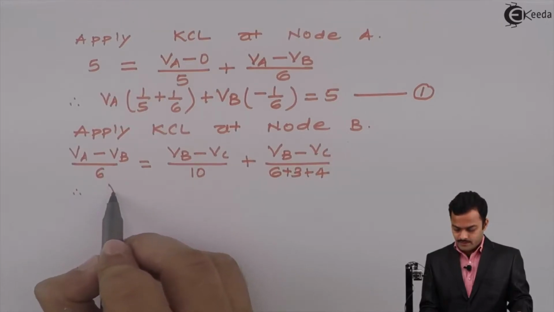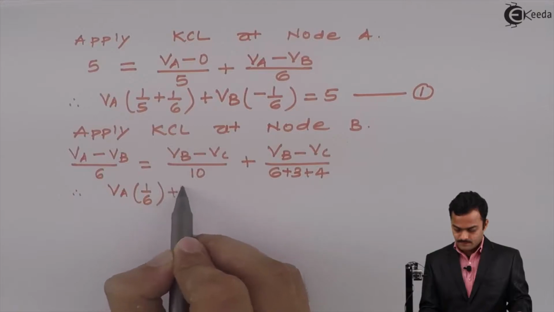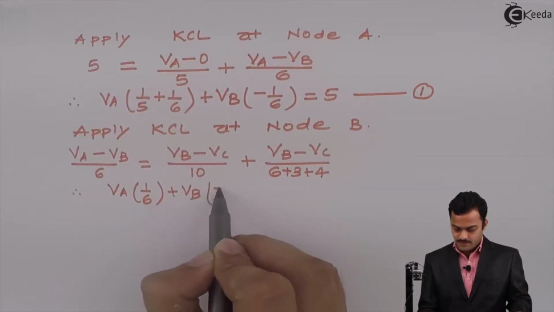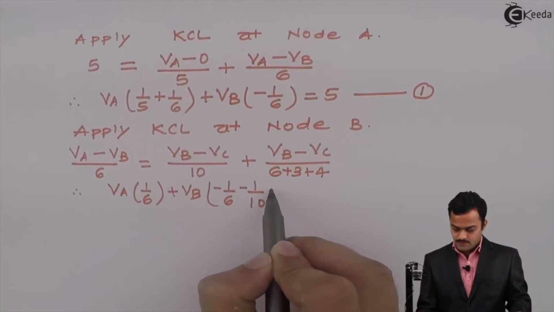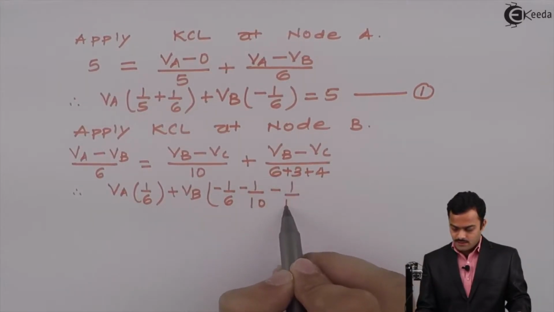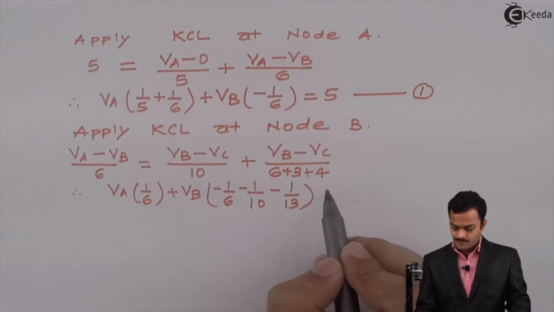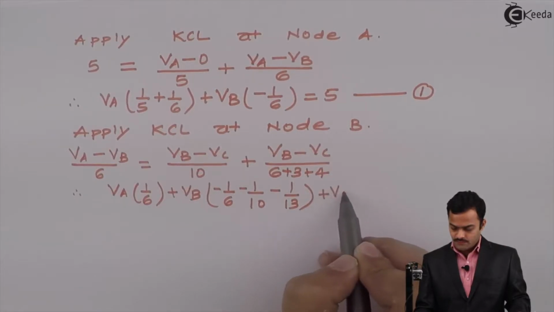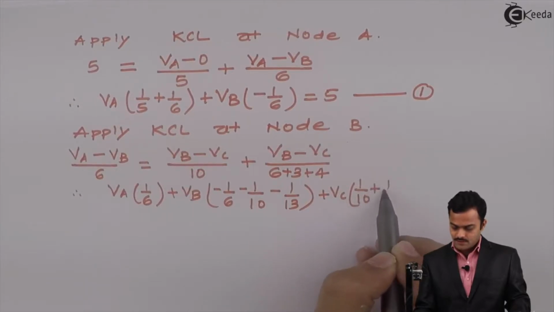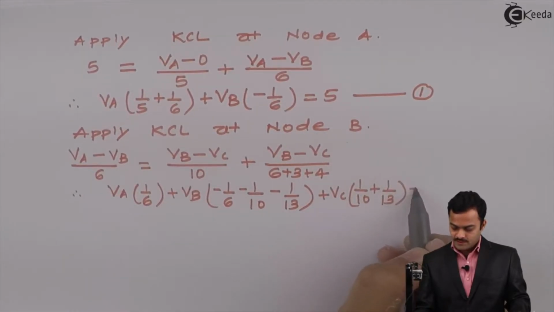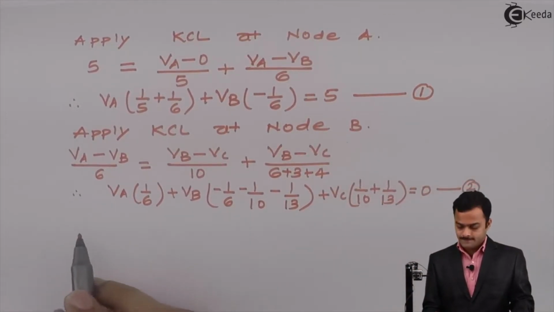So it will be VA (1/6) plus VB (minus 1/6 minus 1/10 minus 1/13), since 6 plus 3 plus 4 is 13, plus VC (1/10 plus 1/13) equal to 0. This is equation number 2.